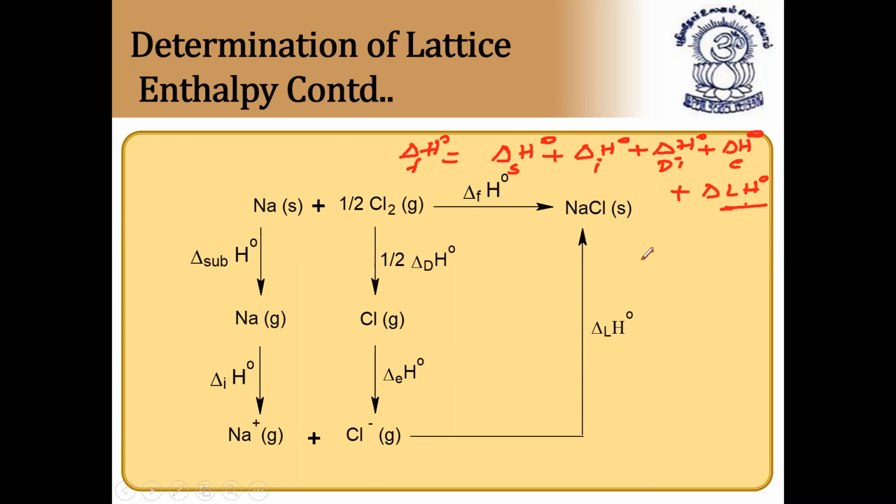So if you want to find delta H degree of lattice enthalpy, you can take, because you know this value, it is equal to delta H degree of formation minus this, take it as delta H1, delta H of sublimation plus all delta H degree of ionization plus delta H degree of dissociation plus delta H degree of electron gain enthalpy.